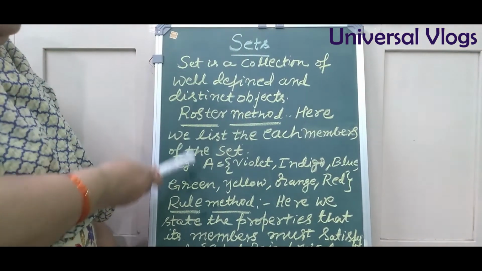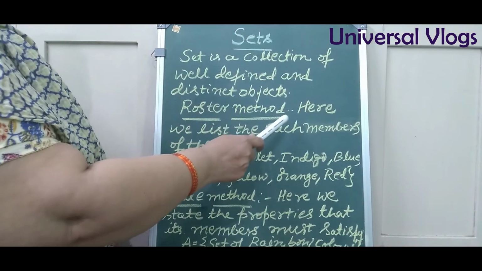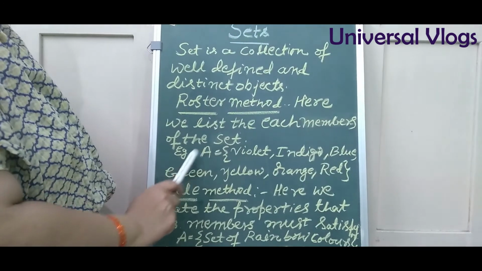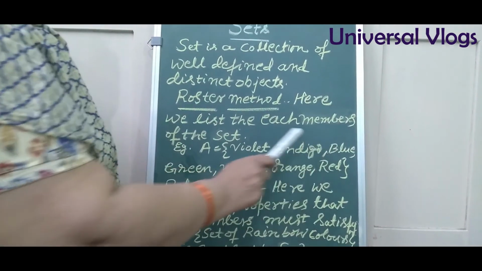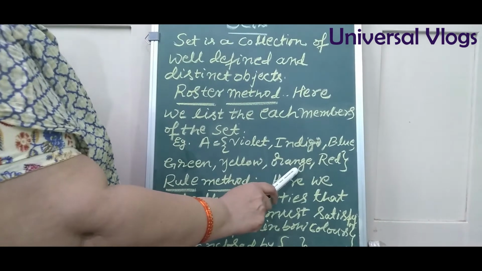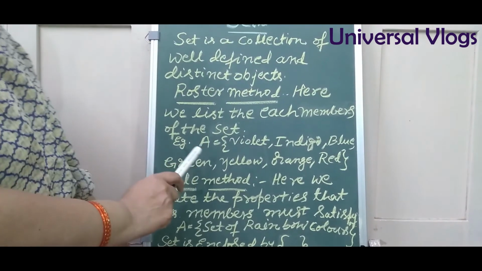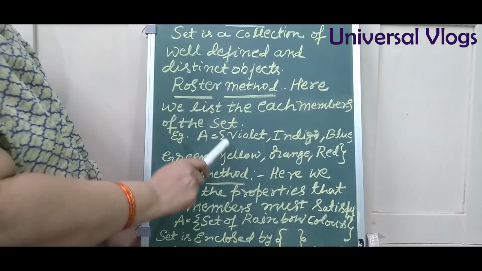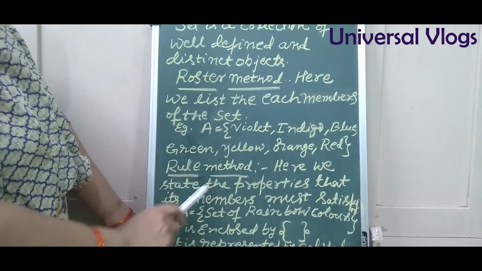And there are two methods of representing a set. The first is the roster method. Here we list each member of the set. Example, A is equal to violet, indigo, blue, green, yellow, orange, red. Here I have listed the elements of the set, so we can recognize the elements.